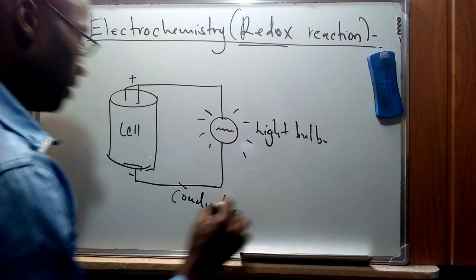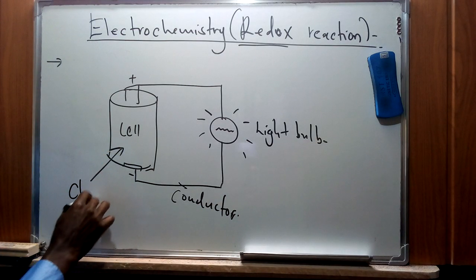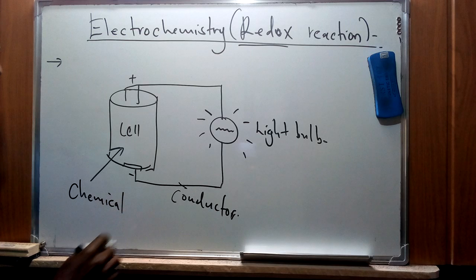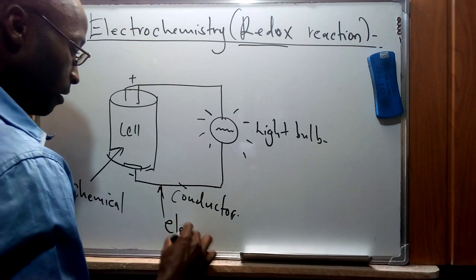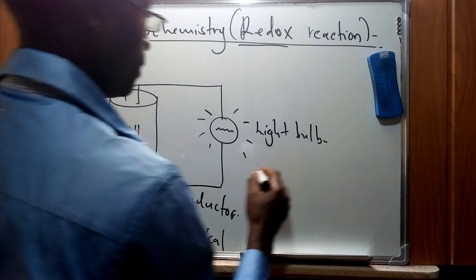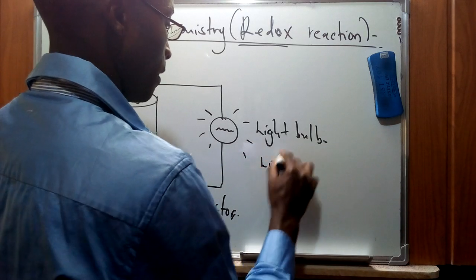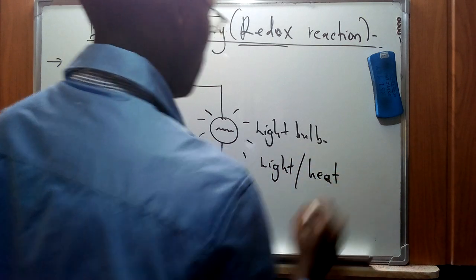So the concept here is that from this cell we have what we call chemical energy that is being converted to electrical energy through a reaction, which basically is being converted as well to light, which is a form of energy, and heat in this light bulb.